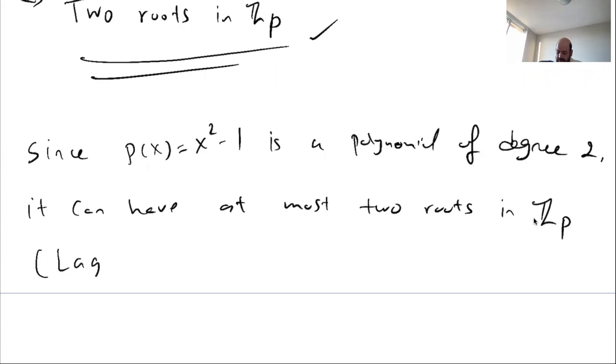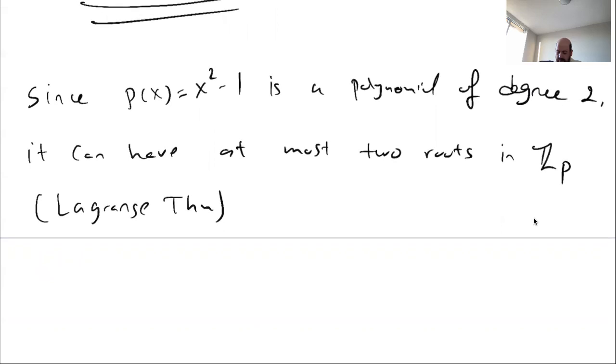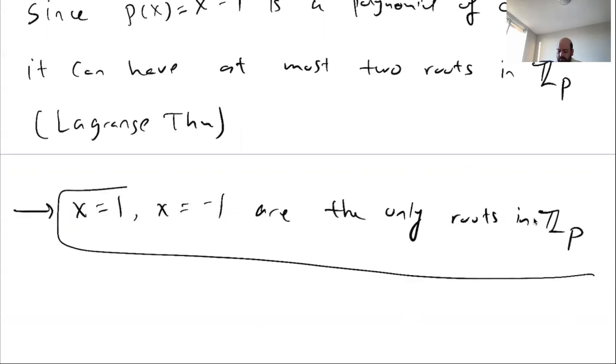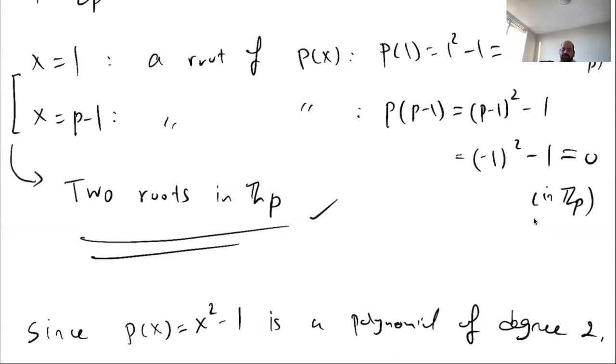This is Lagrange's theorem. So X equals 1 and X equals -1 are the only roots in ZP, which is the same as what the question was asking.